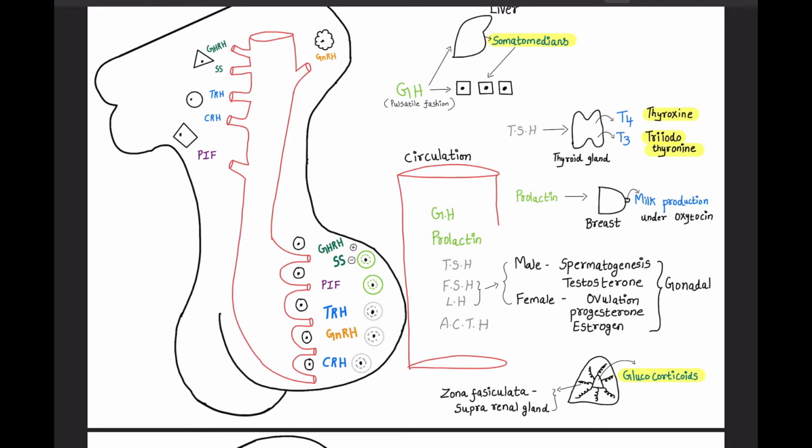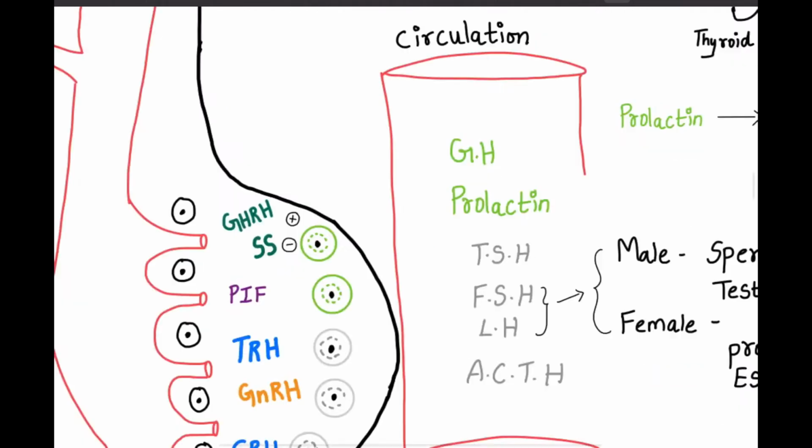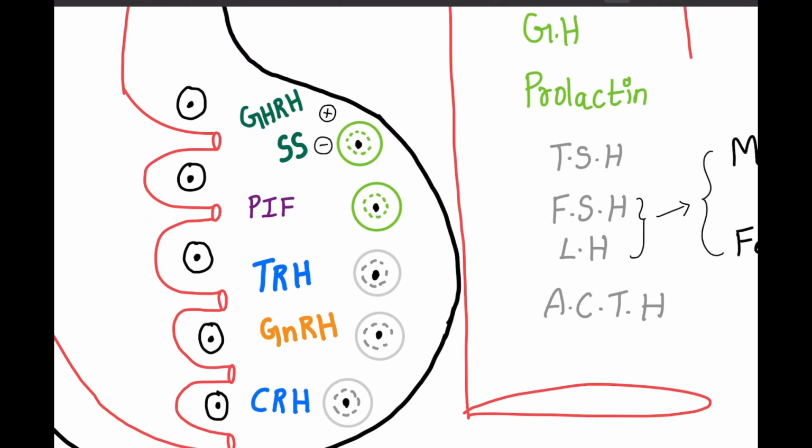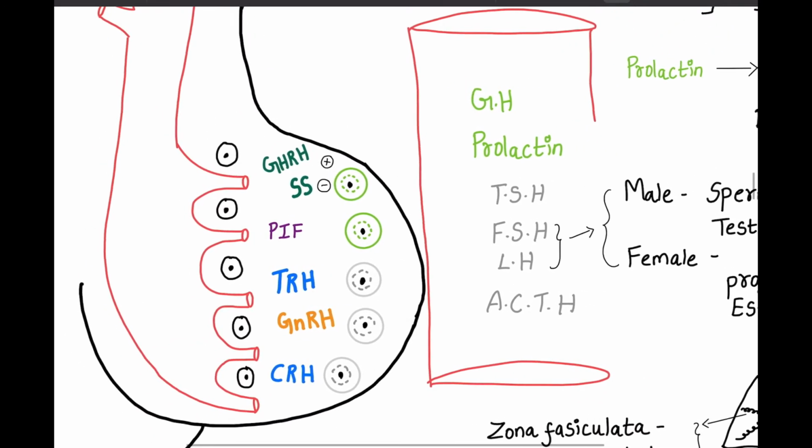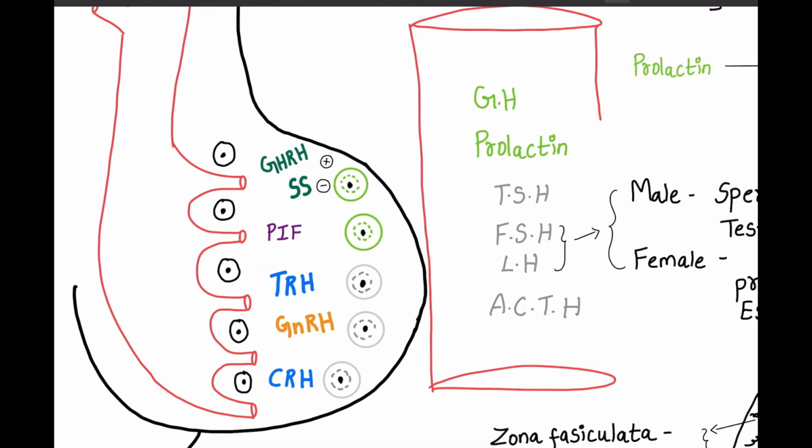Somatostatin, also known as growth hormone inhibiting hormone, inhibits the acidophilic cell such that the growth hormone is inhibited, or it is not secreted.